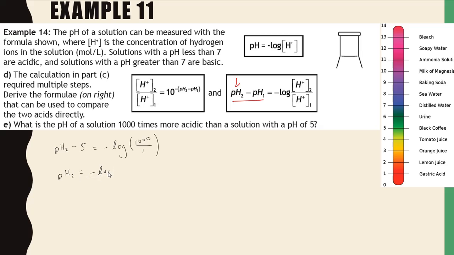So I get negative log of 1,000, which you could probably do without even a calculator if you had to. Well, maybe we will. So let's do that just for you. So we get 10 to the power of 3, which means that because this is a base of 10 on the log, this logarithm evaluates to 3, but there's a negative in front, plus 5. So therefore, we have a pH of 2. And hey, you didn't even need a calculator.